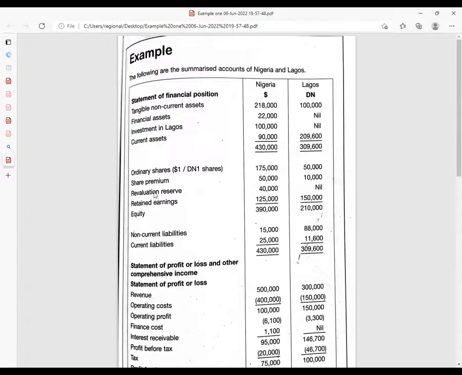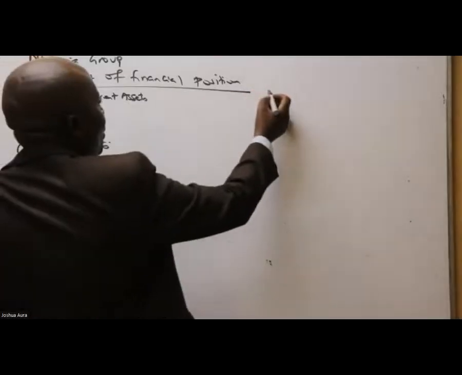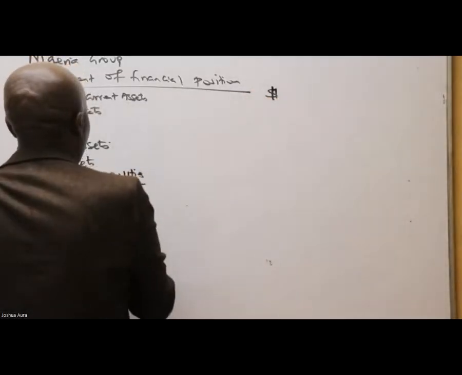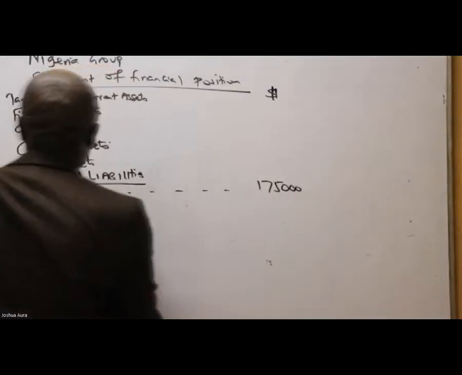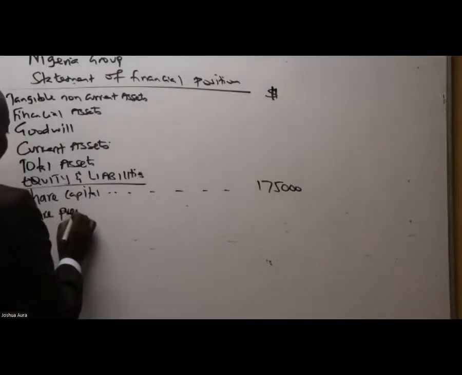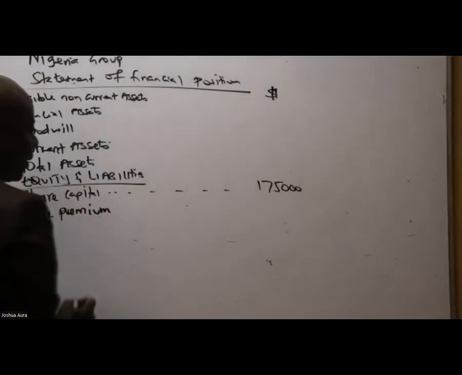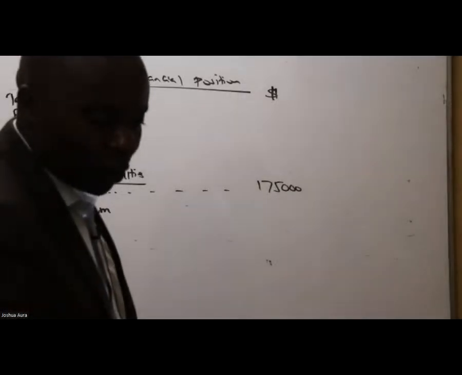So for share capital, always you pick the one of the parent. You ignore the one of the subsidiary. So for share capital, I'll simply come and pick here 175,000. The same case here with share premium, free marks really. So for share premium, the same.